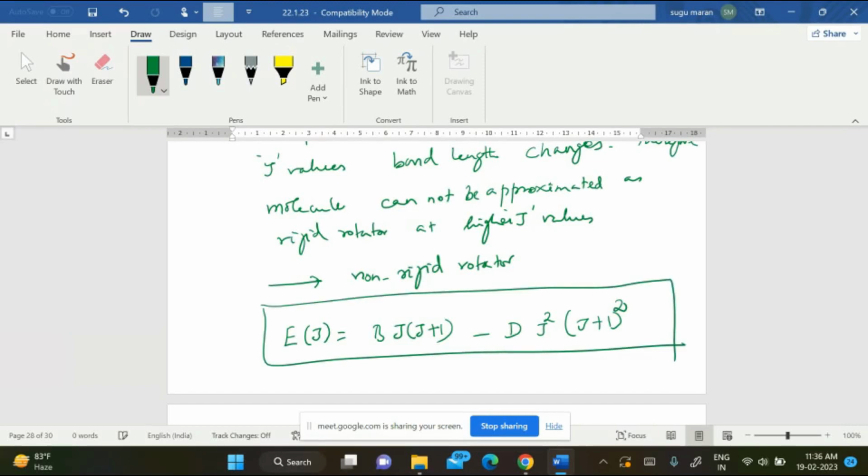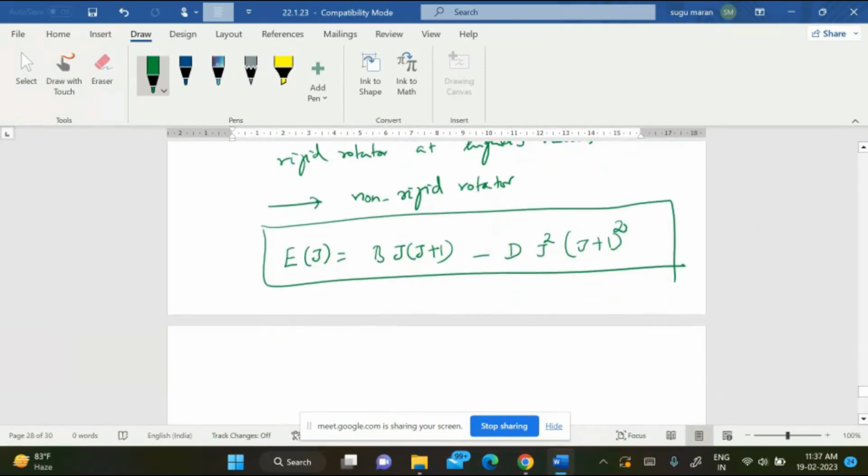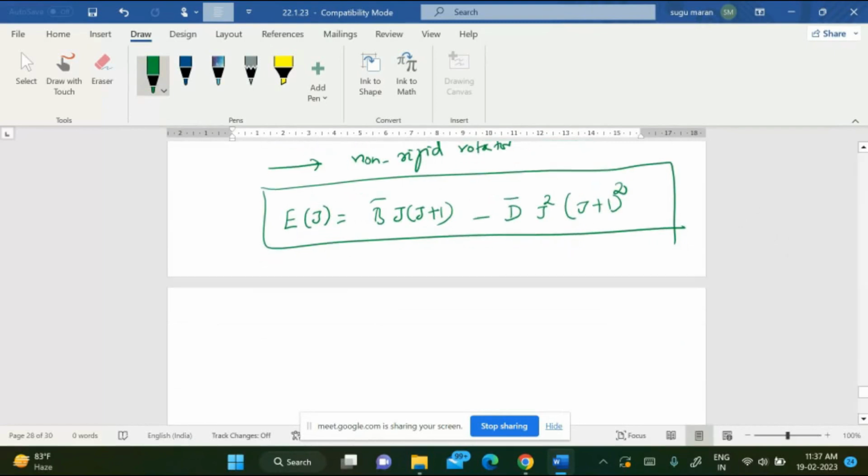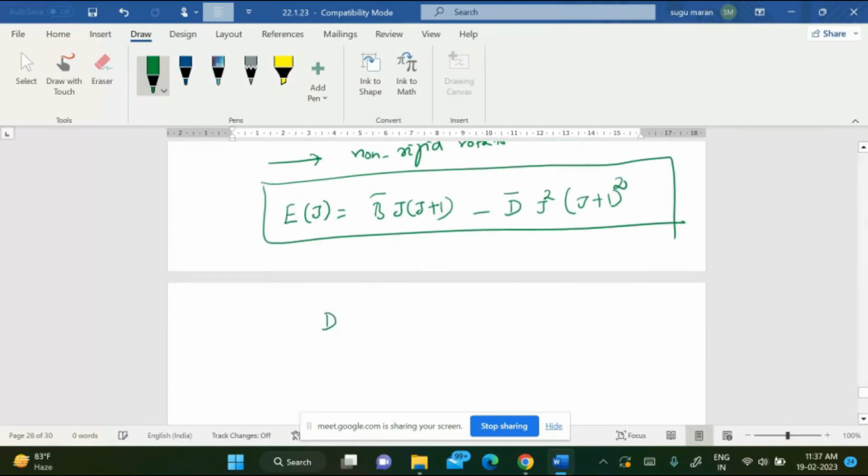This is the non-rigid rotator application. So the energy expression is in terms of wave number, where B bar is the rotational constant.